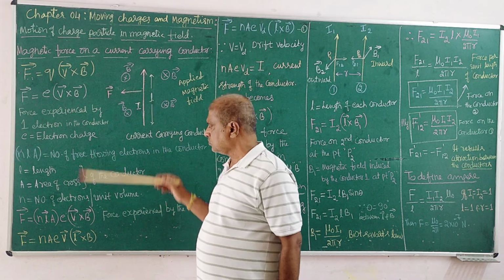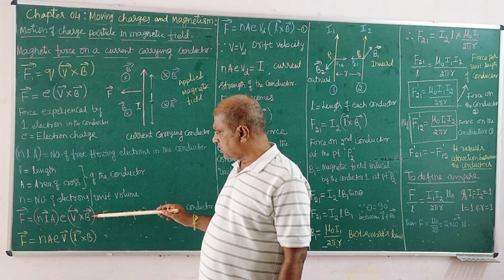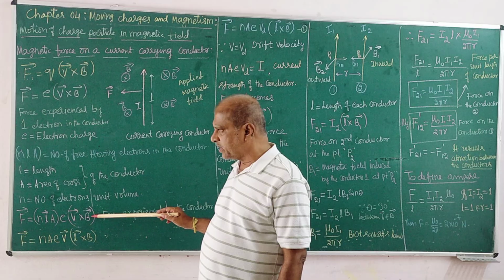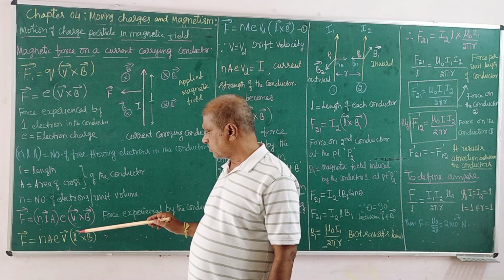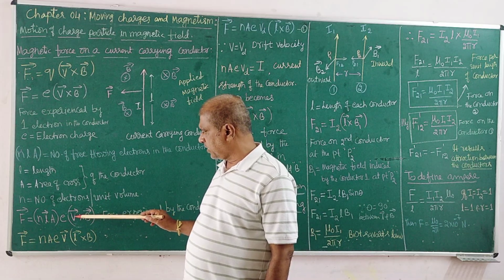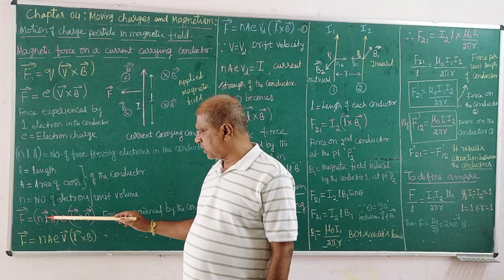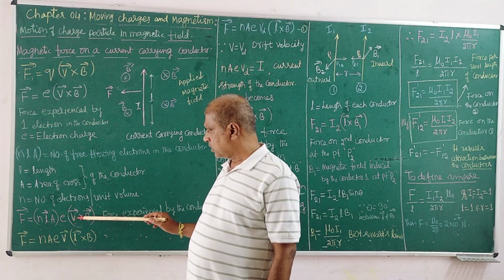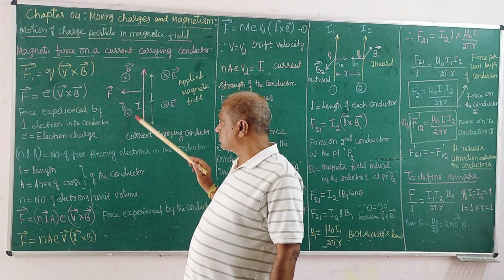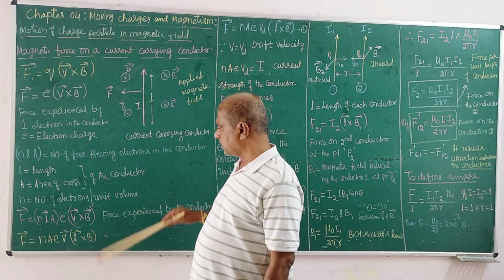And the equation, let us go for some rearrangement. We shall take out v from the bracket and put L into the bracket. L and v have the same direction, velocity and length vector.